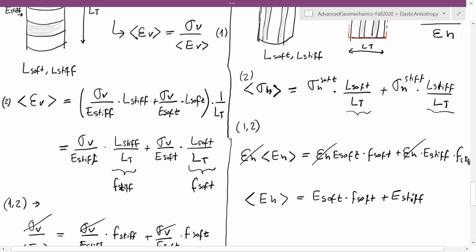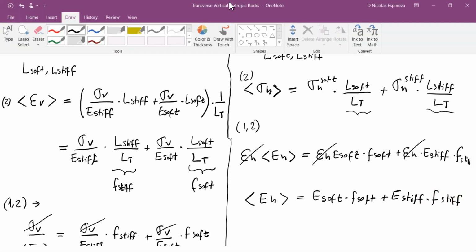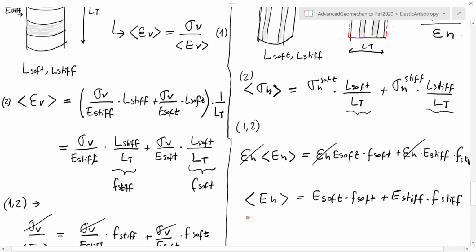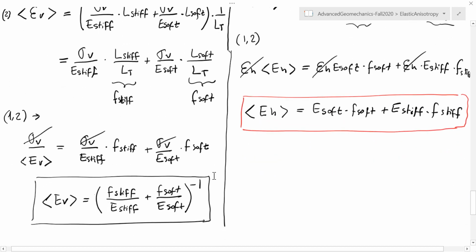Notice that for a binary system like the one that we have over here, as the fraction of the soft increases, the fraction of the stiff is going to decrease. So this is actually the equation of a line, of a straight line.